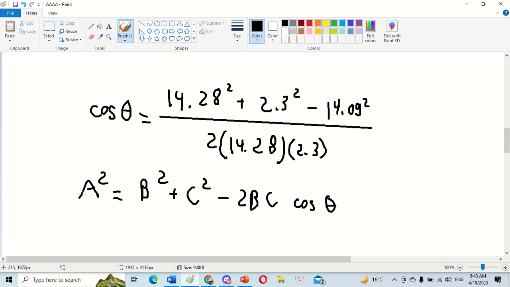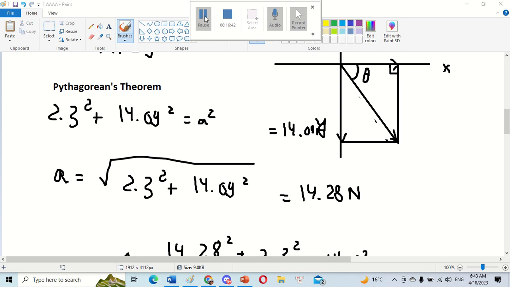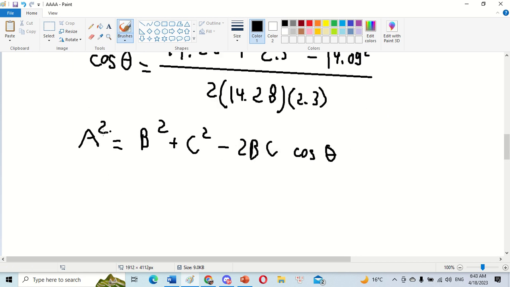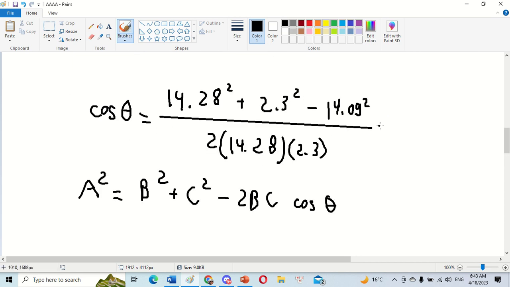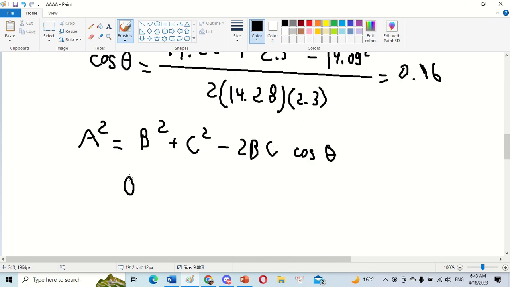So R, that is this one. B, that is this one. C, that is this one. And this y, we have this one. So we calculate this one and we got 0.16. So we can find theta.